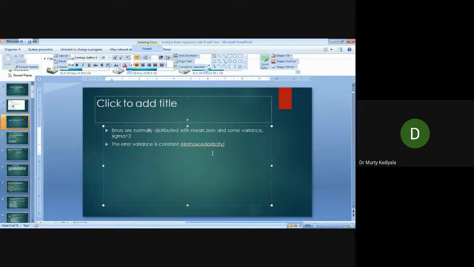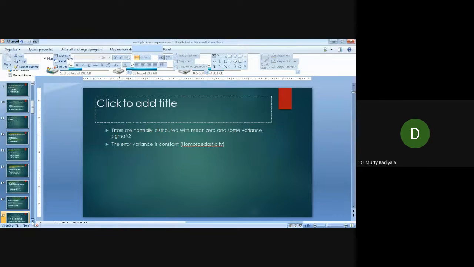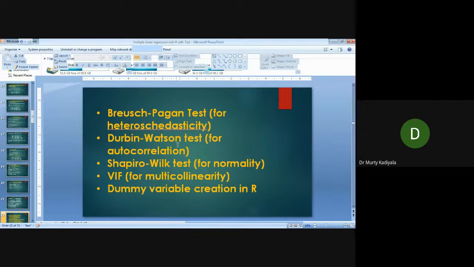So for doing this, we have various tests. And those tests are the Breusch-Pagan BP test for heteroscedasticity. I just now told you what is homoscedasticity.